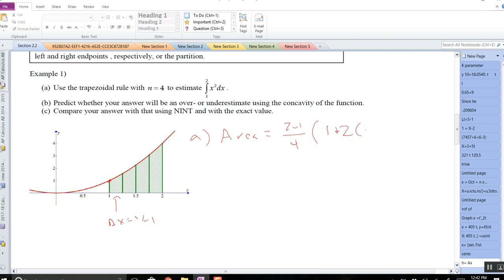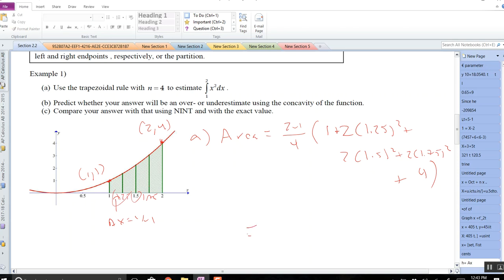Then 2 times 1.25 squared, plus 2 times 1.5 squared, plus 2 times 1.75 squared, and then plus 4, because when you plug 2 in, you get the y coordinate 4. So that's the point (2, 4), plus (1, 1). Remember, that's 1.25, 1.5, and 1.75 plugged into the form x squared.